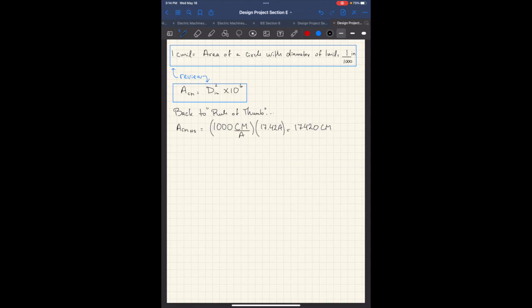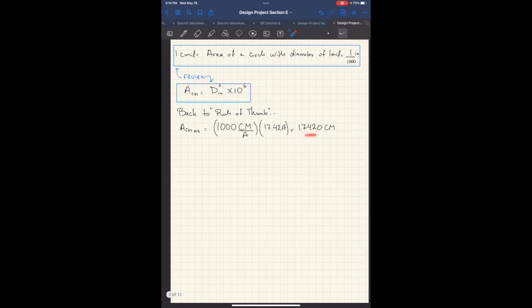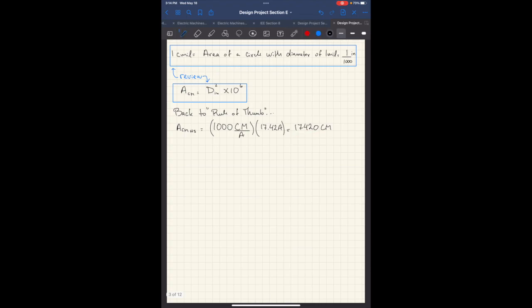We can use this formula now to find out what the diameter of my conductor has to be in inches. If I solve for d in inches, it's going to be the area in circular mill over 10 to the 6, everything under the square root.